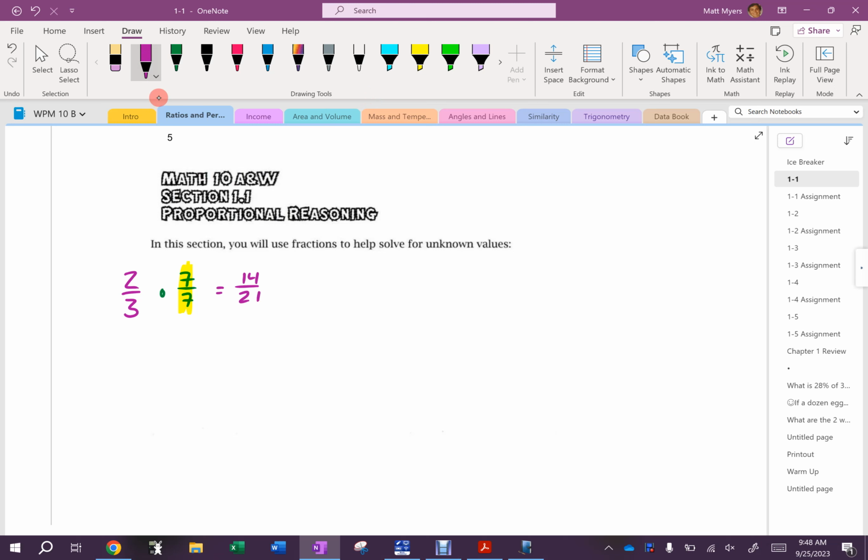So, if I have any fraction, x over y, and I multiply it by some other number, and we remember that that number has a value of 1, then I get the same value fraction. X over y will equal xn over yn.